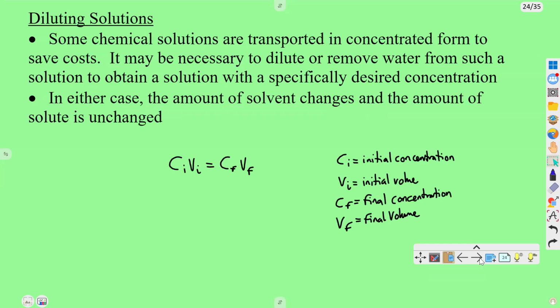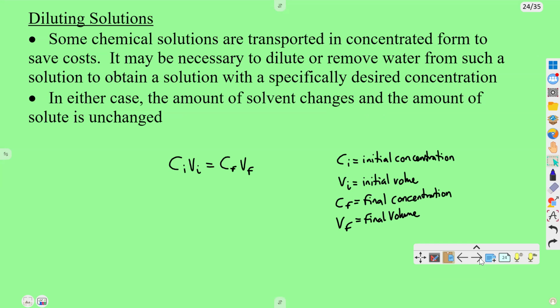Now, in this lab, we're going to be talking about diluting solutions. Some chemical solutions, when they are transported, we want to transport in a really high concentration so we can save a lot of money in transporting. If you can concentrate your solution, and then when it gets to wherever it needs to be, add water to dilute it, that's going to save you a lot of money.